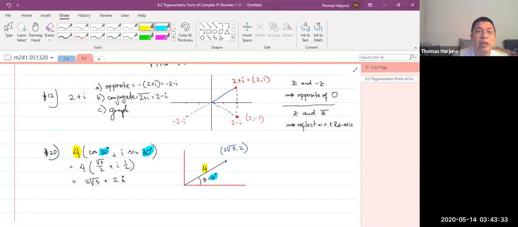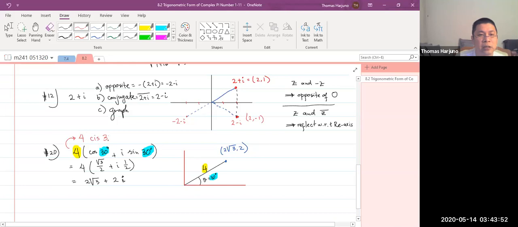Because the angle 30 degrees here will always be the same as the angle here, we may rewrite this. Our textbook sometimes uses this notation, and I do too. I may write it as 4 cis 30 degrees. This cis stands for cosine I sine.